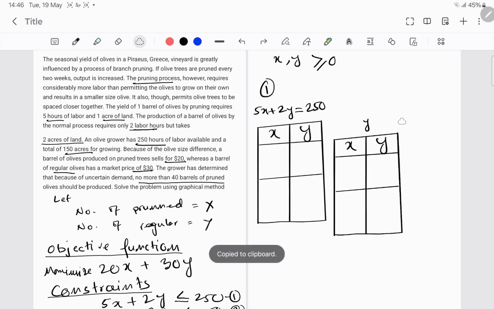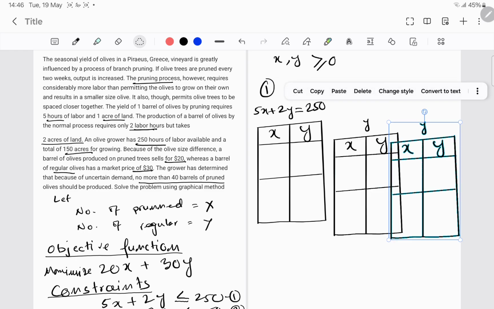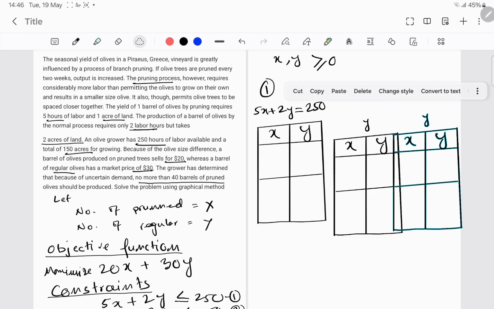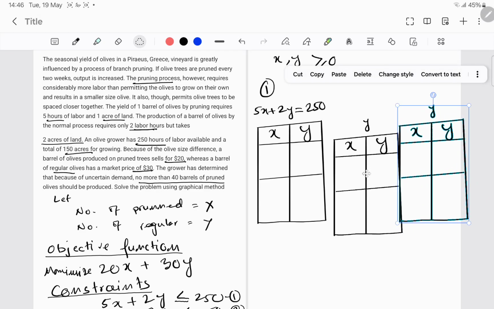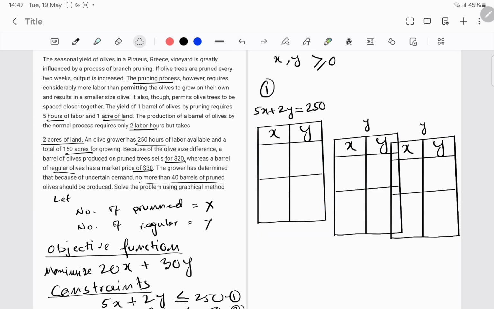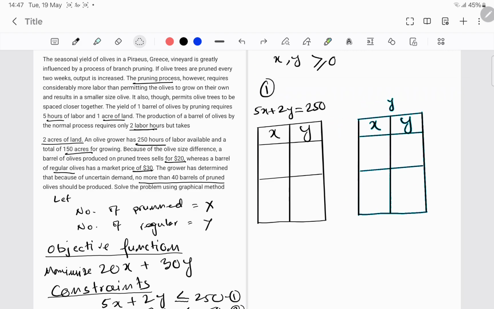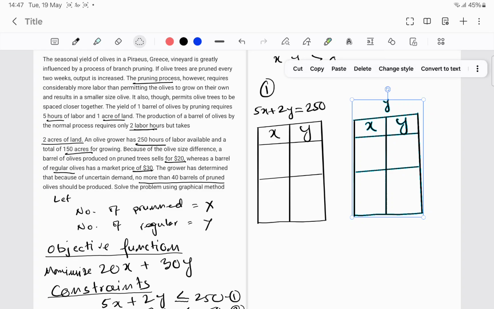Copy, and then paste one more time. Let's just move this one in here first.